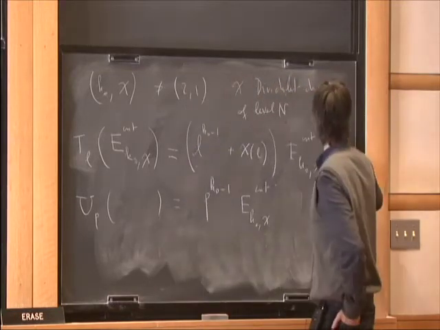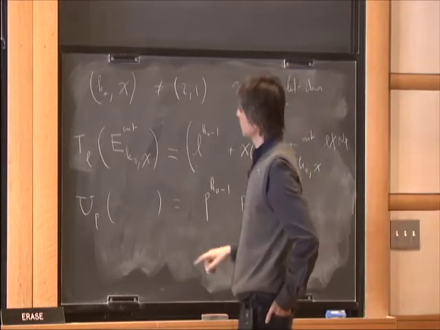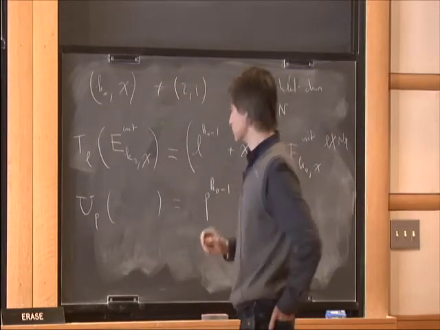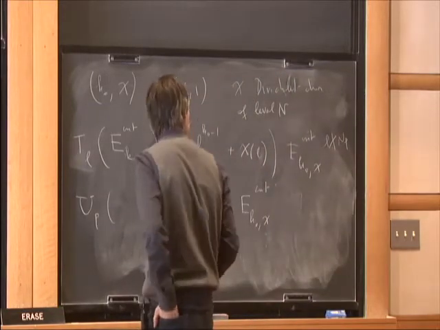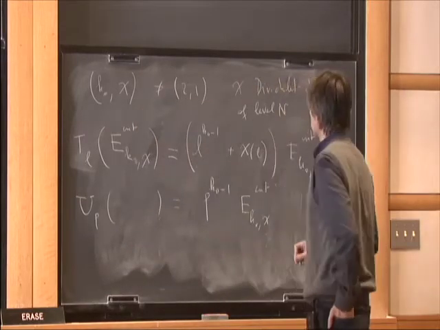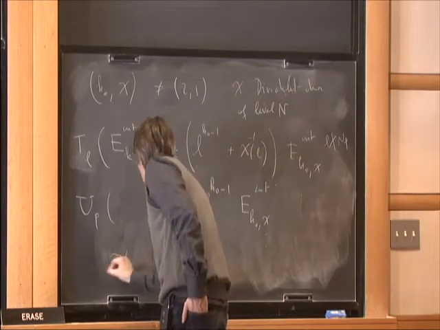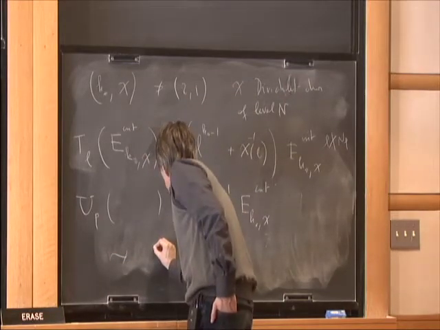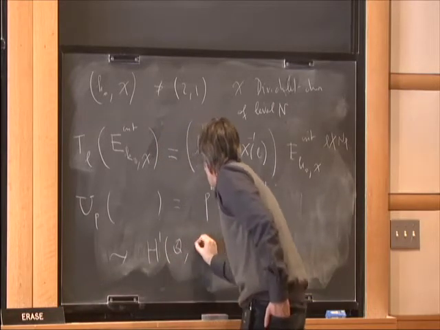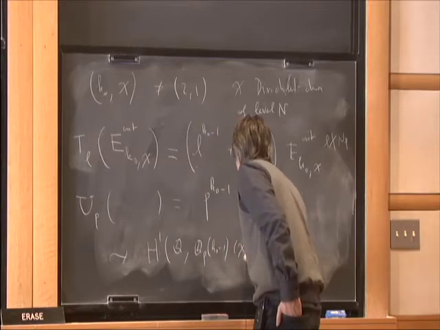This is for l not dividing Np. So if you apply the same construction, what you get is a class in H^1(Q, Q_p(k naught minus 1)(chi^-1)).